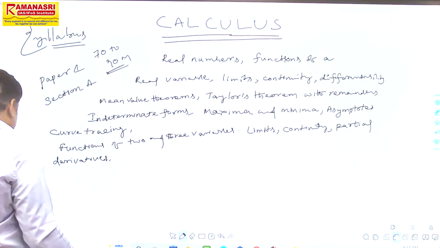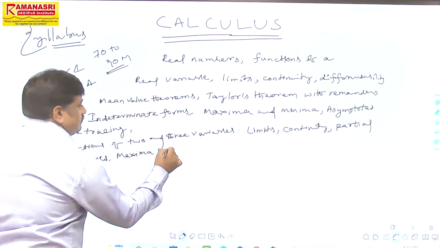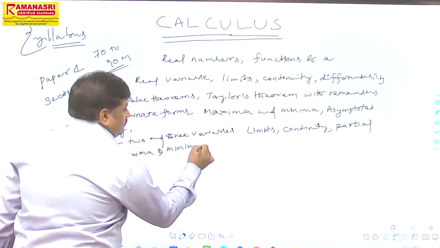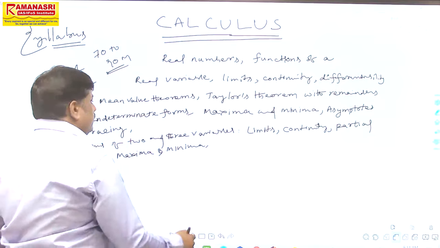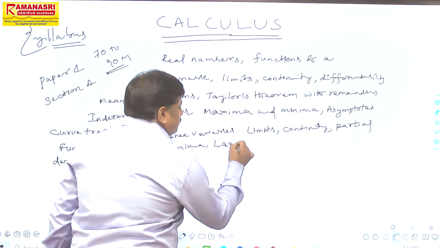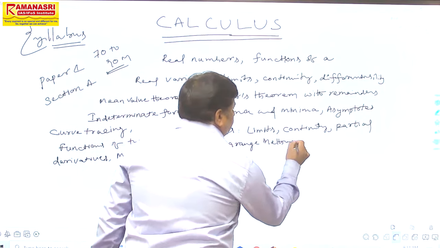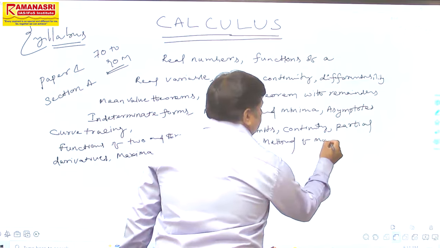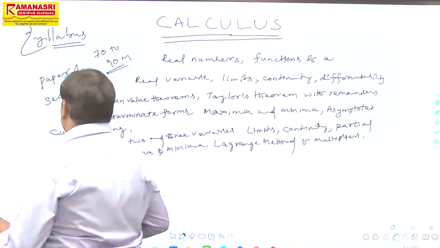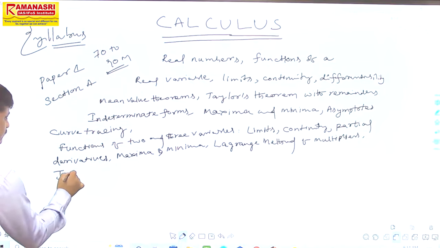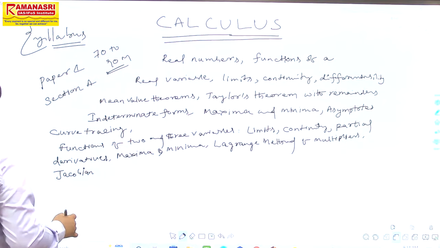Partial derivatives, maxima and minima. Lagrange's method of multipliers, Jacobian.